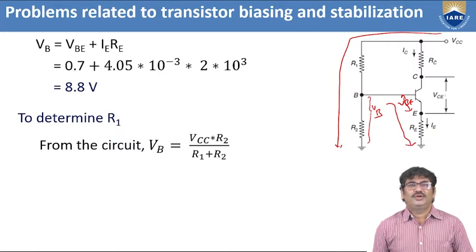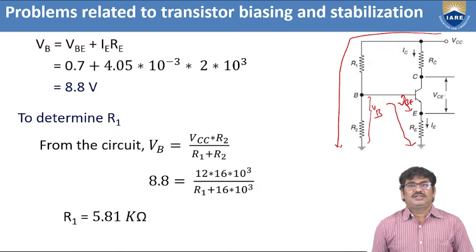From this we can find out what is R1. Upon substituting the values, VB as 8.8 volts is equivalent to VCC is 12 volts, R2 is equivalent to 16 into 10 power 3 divided by R1 plus 16 into 10 power 3. From this we'll get R1 is equivalent to 5.81 kilo ohms.